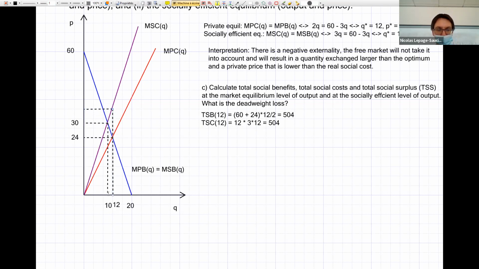So that's this whole triangle over there, divided by 2. So 260.